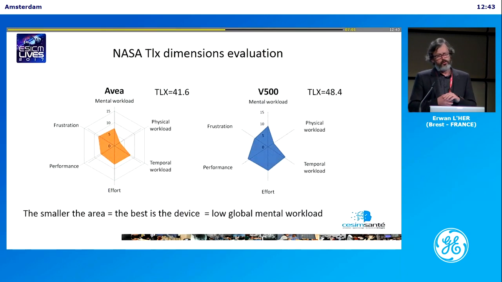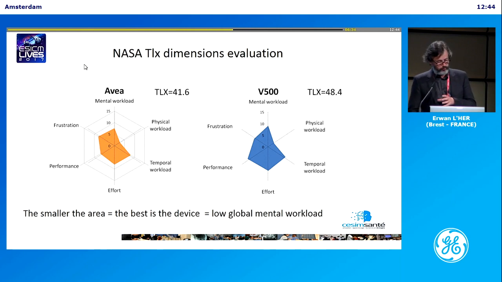As I told you earlier, we can also look not only at the global evaluation of the mental workload, but also at the different dimensions. The most important thing when looking at the different dimensions is: how can I improve my ergonomy? Here you can see that the smaller the area, the lower the mental workload, so the better the device.